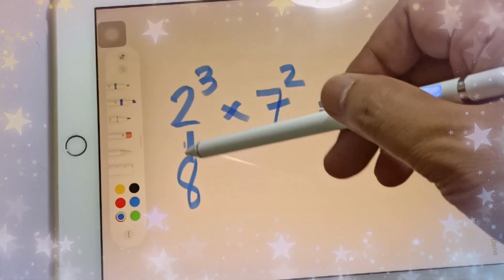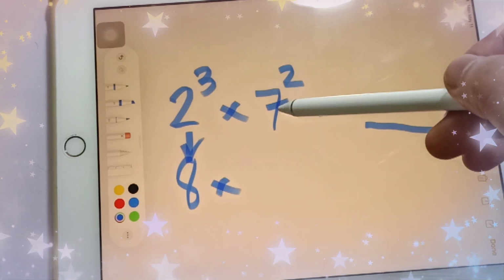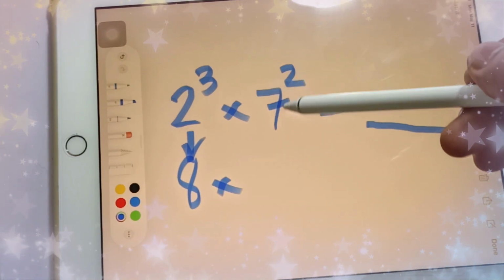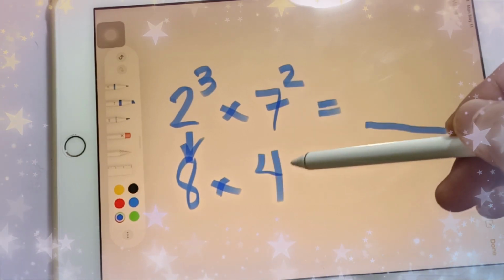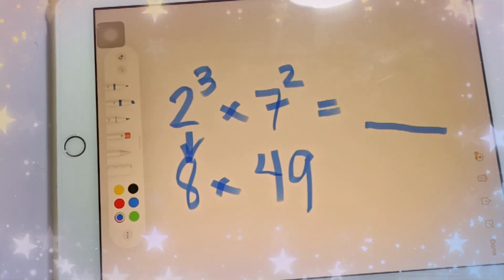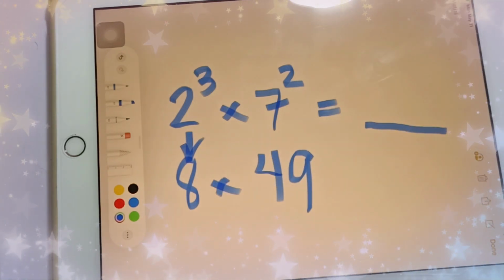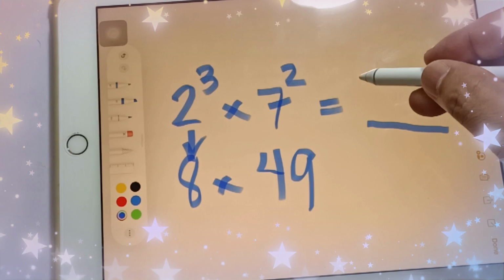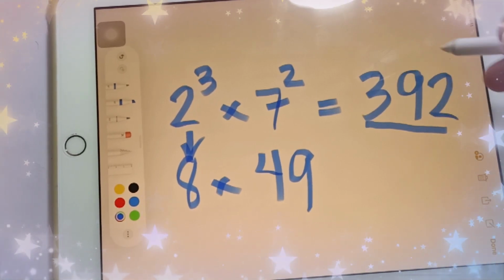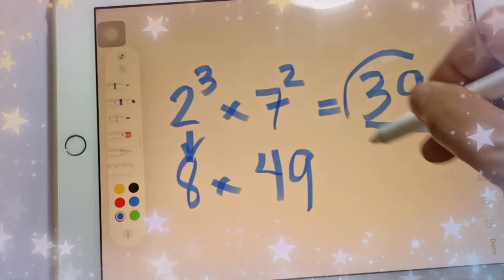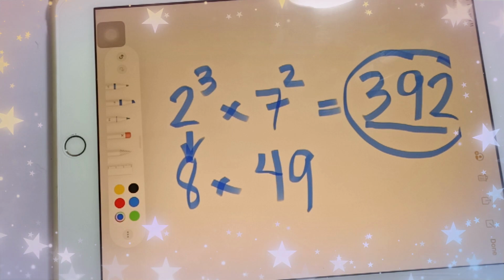So the answer here is 8. And then times 7 times 7, not 7 times 2. It's 7 times 7, so it's 49. Then 49 times 8 is 392. So this is the missing number.